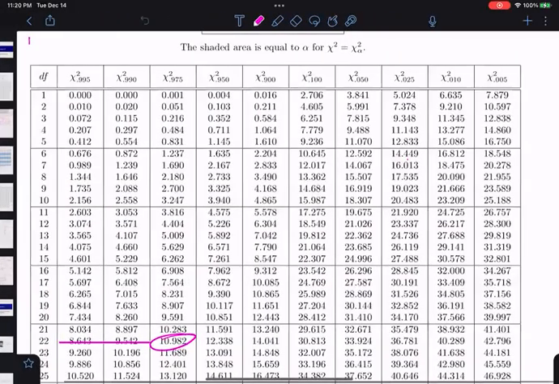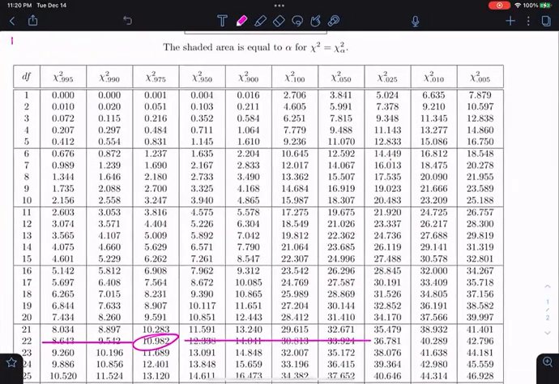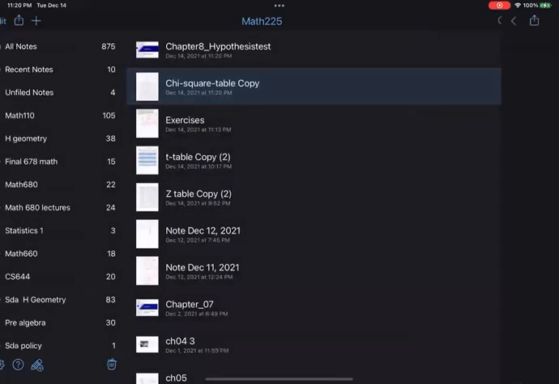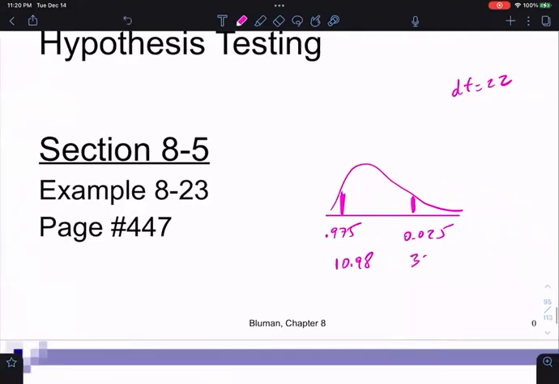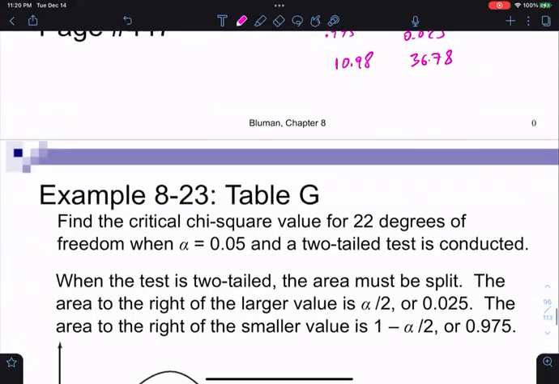That should be here. That's 36.78. So that's the answers, right? So yeah, that should be the answers.